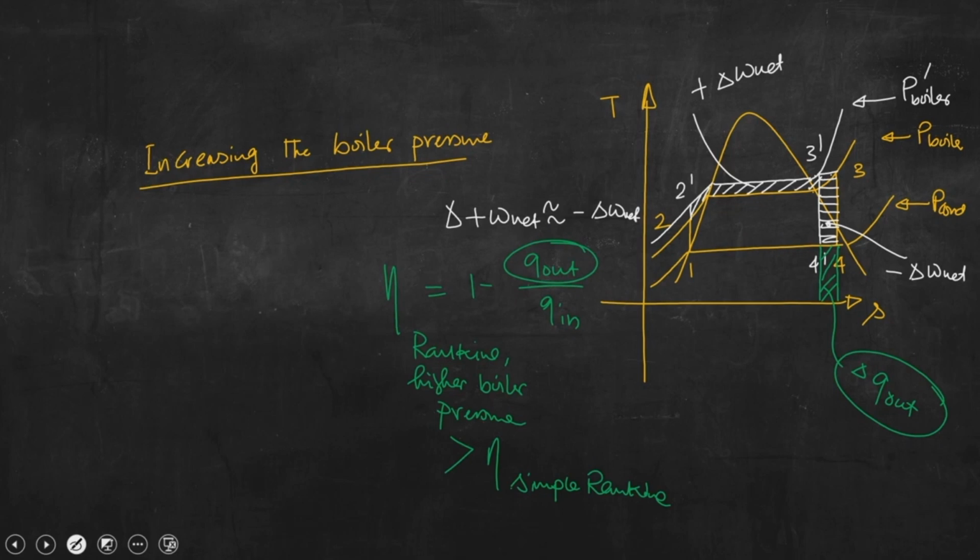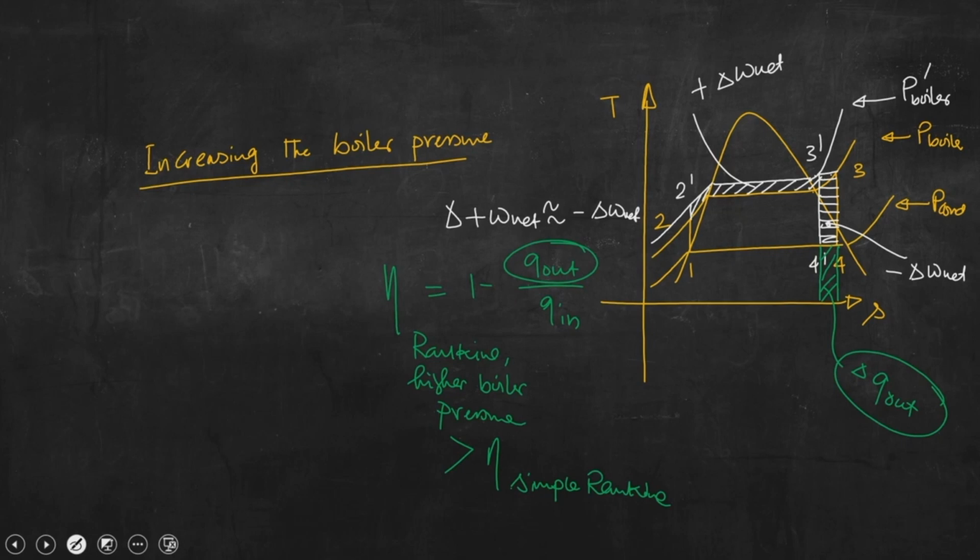because the gross effect due to delta W net that we get from this higher boiler pressure, and this reduction in delta W net due to the superheating, will cancel each other. So the gross effect is an increase in efficiency.